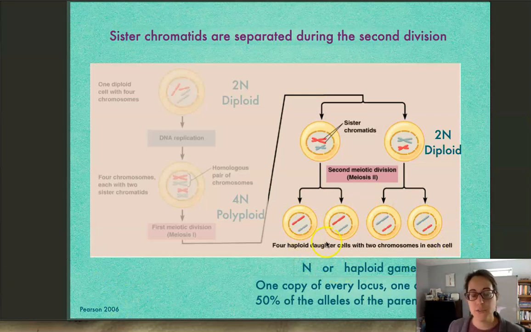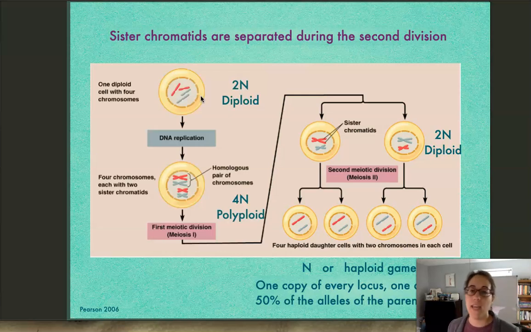I do want to mention that this is just the overall schema of the process of meiosis, but in reality, we don't always get 4 daughter cells. In sperm production, in males, you would end up with 4 daughter cells from this one original cell.